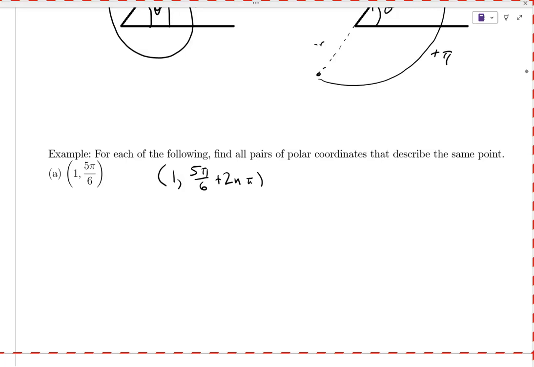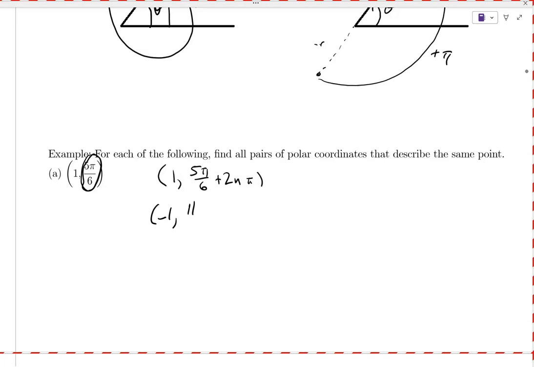Yeah? Okay. What if I want to change it to a negative? So if I want to change it to a negative, what do I need to do to this angle first? Yeah, add pi or subtract pi. Either way works.